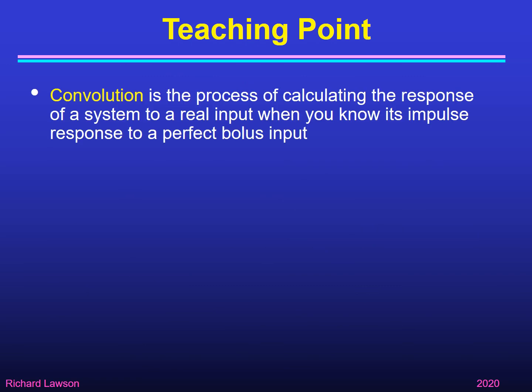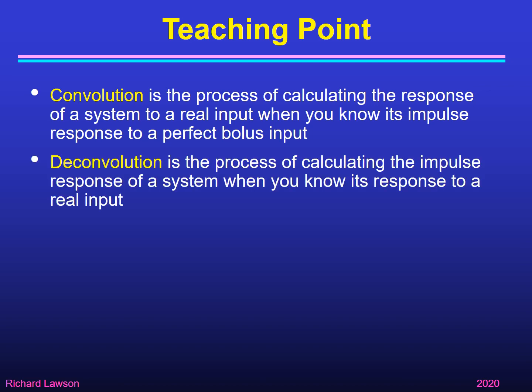So the teaching point to remember about this is that convolution is the process of calculating the response of a system to a real input when you know its impulse response to a perfect bolus input. Deconvolution is the reverse. It's the process of calculating the impulse response of a system when you know its response to a real input.